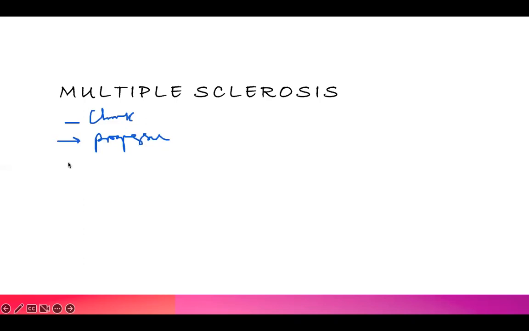And the same thing is what? Autoimmune. Your body, for some reason, makes something up and then causes this problem. The same thing I said, it's a demyelination problem. So multiple sclerosis patients have these tiny lesions in patches.